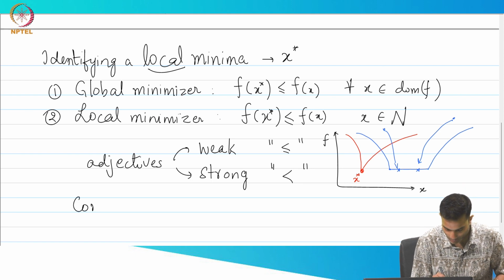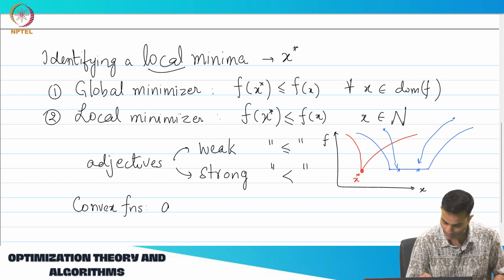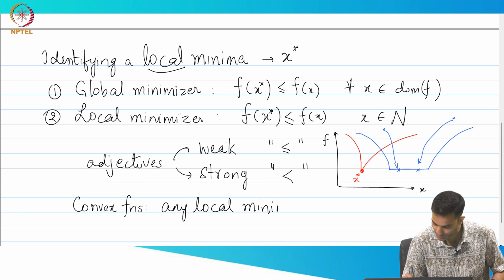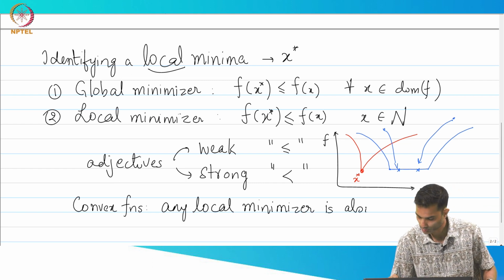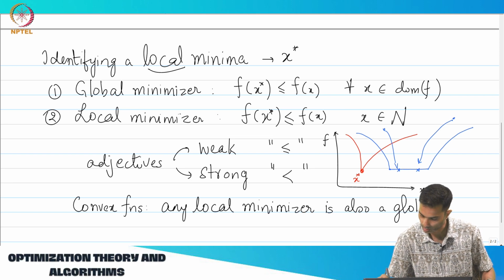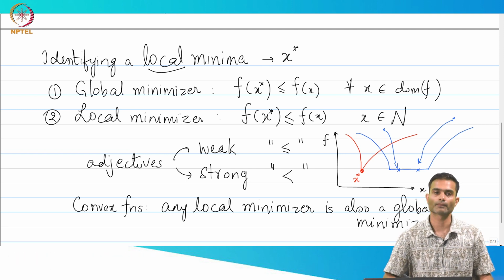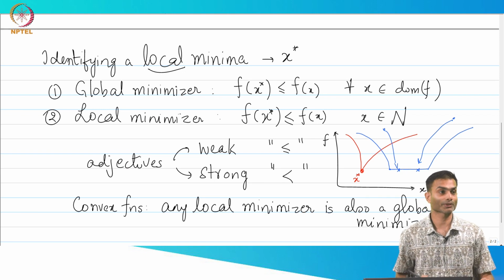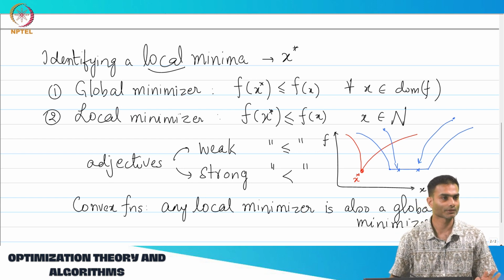So if I have a convex function, then any local minimizer is also a global minimizer. This is a very important result, which also tells you that optimization in general, if the function is not convex, can be very, very challenging, right?